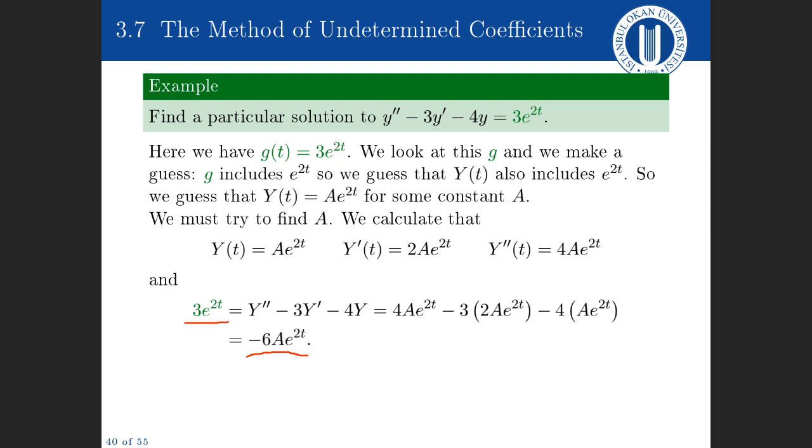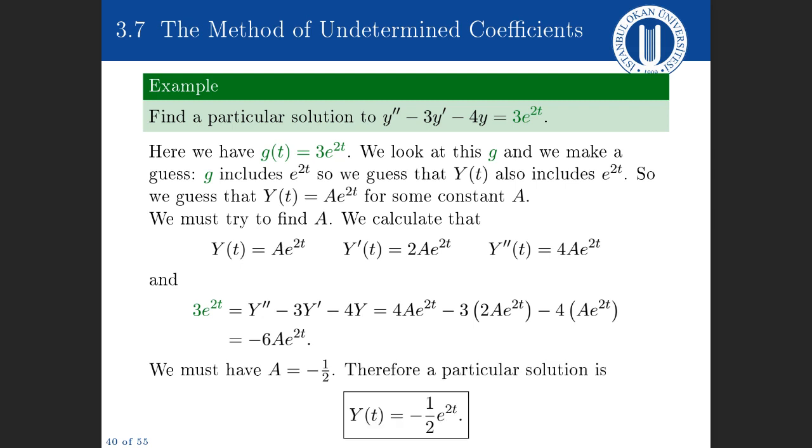And we want that to be equal to 3e to the power 2t. So what value of a do we choose? We choose a is minus a half. And then we're done. Therefore, a particular solution to this differential equation is minus a half e to the power 2t.